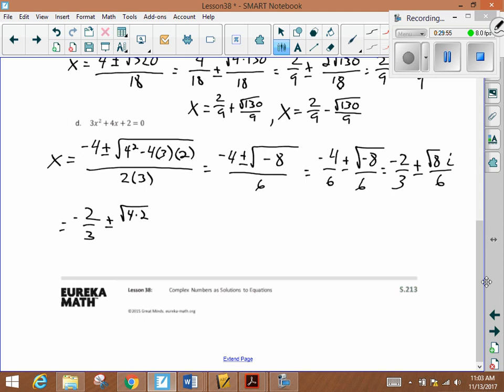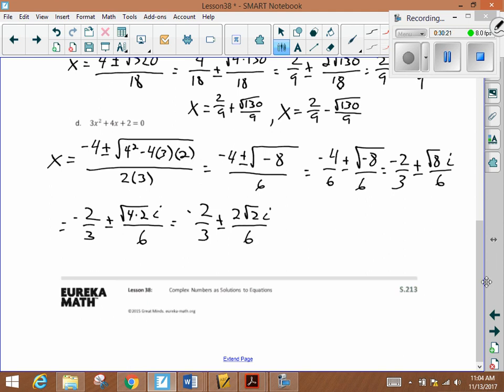That's 4 times 2, right? Yeah, 8 is 4 times 2, so 8 is divisible by one of those numbers that I wrote up there that has a square root. And so we'll write it in that way so that we can pull the square root out, right? So that becomes negative 2/3 plus or minus, and we get 2 root 2i over 6.